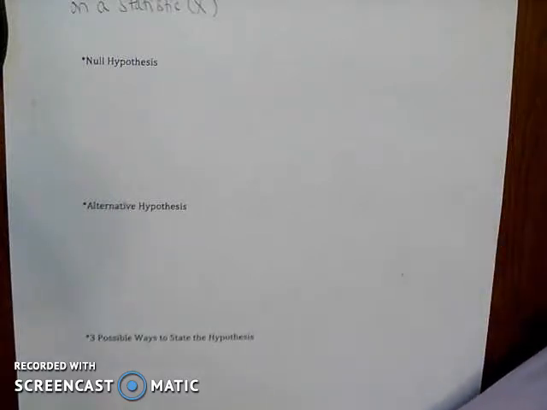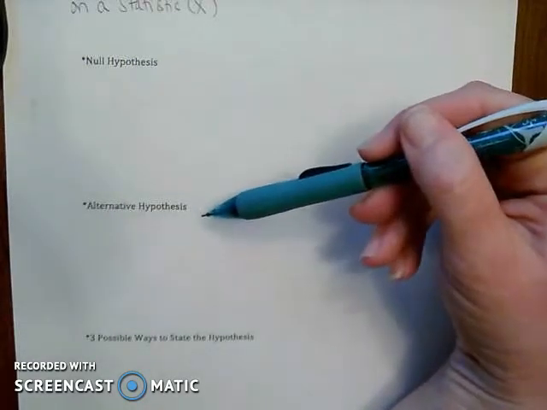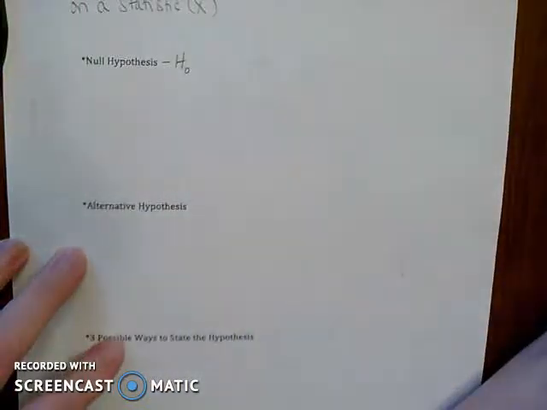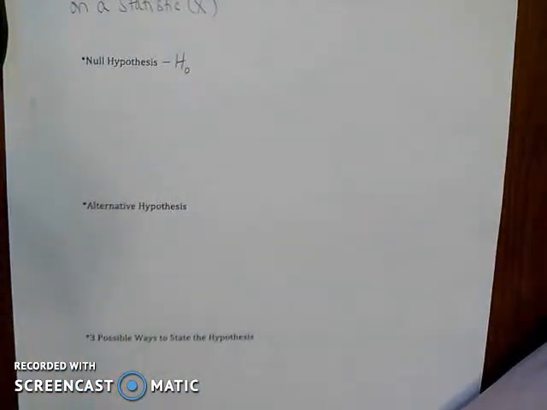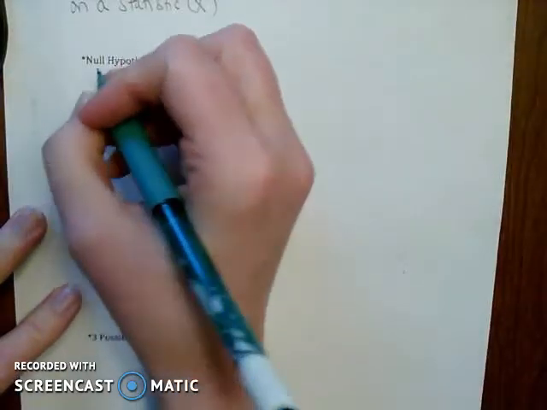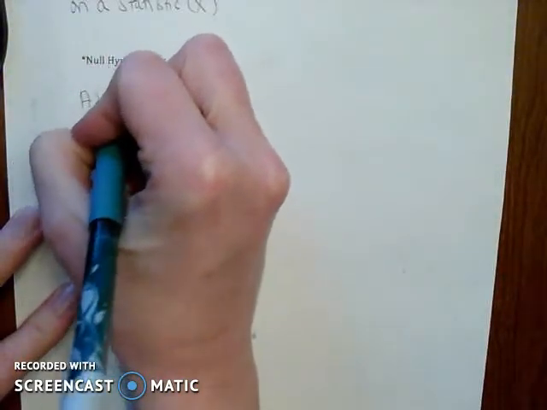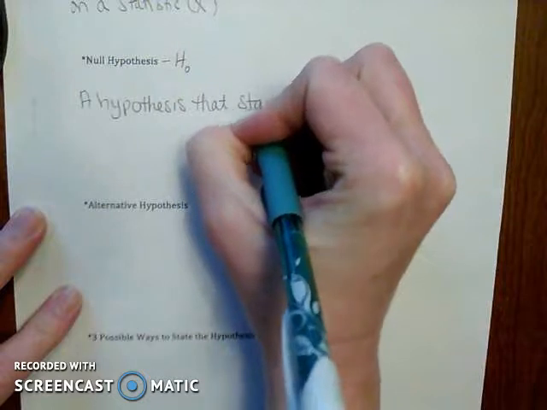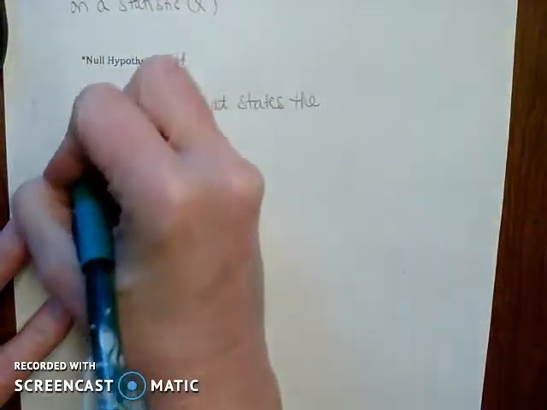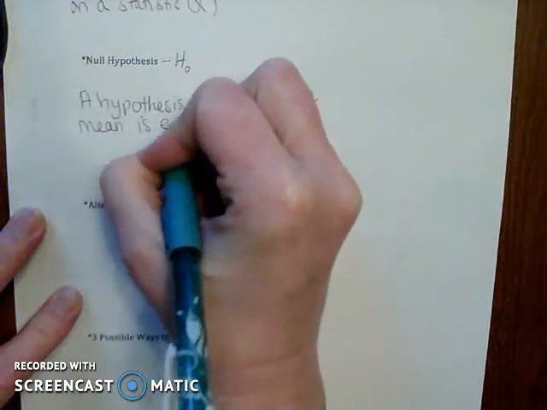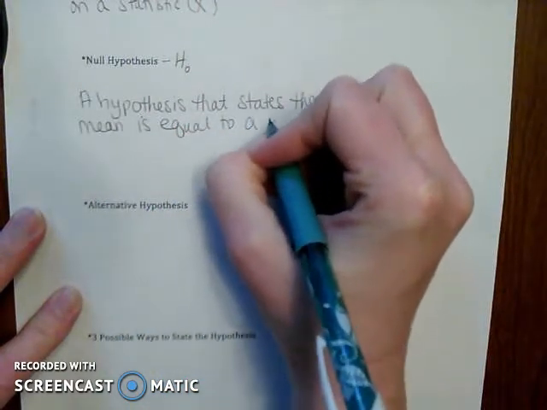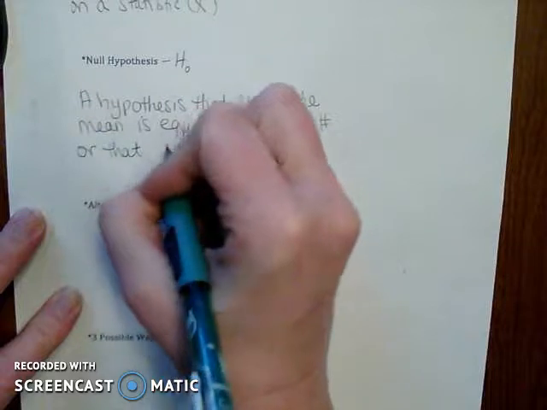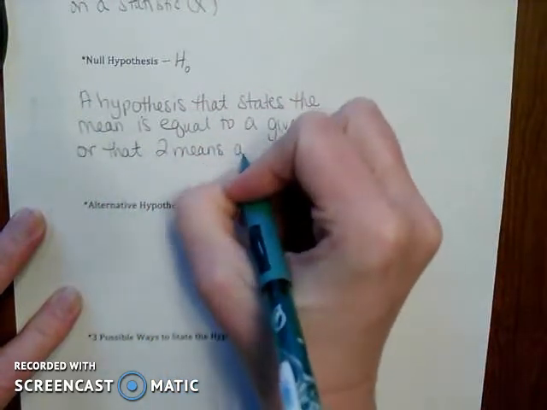In every statistical hypothesis, you have to have a null hypothesis and an alternative hypothesis. The null hypothesis is written as H sub 0. This is a hypothesis that states the mean is equal to a given number, or that two means are equal to each other.